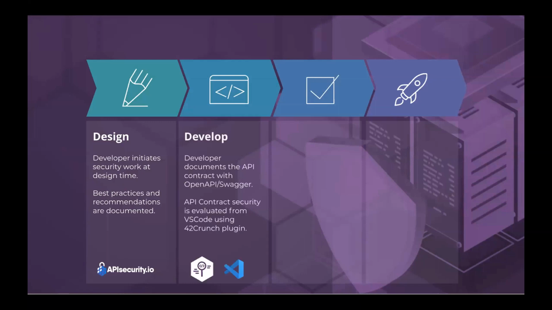Now, at development time, and this is what I'm going to demo in a few minutes, we're going to give you tools that allow you to evaluate, in your OpenAPI Swagger file, how well security is defined. So we don't even need to have the API implemented.